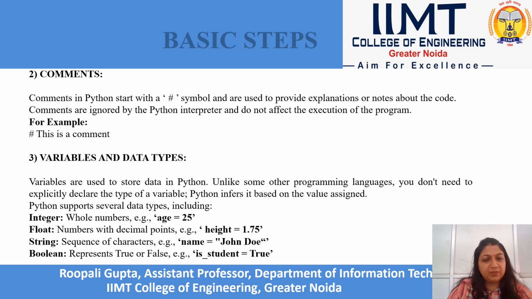The float, we have height equal to 1.75, so it will itself understand that it is of float type. And now name is equal to "John Doe". We have enclosed John Doe in double quotes, which means that it is of string type. Next is Boolean. So is_student is equal to True, which represents the value of the particular variable as true or false.